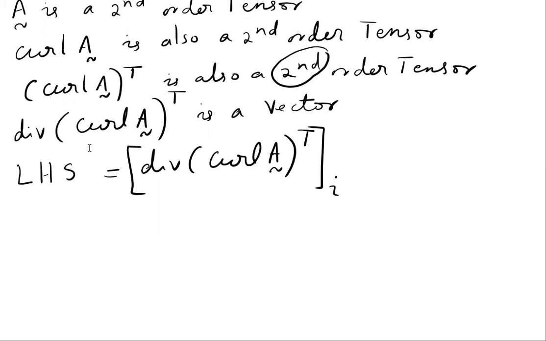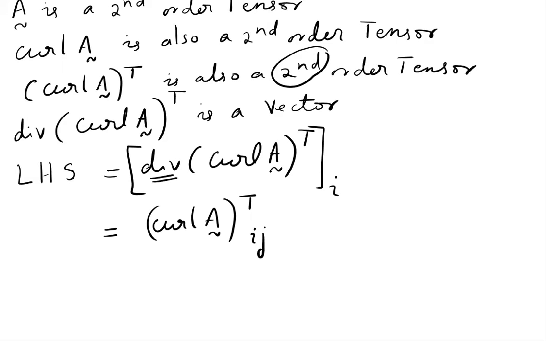So in the next step, we'll write what is curl A and we'll use divergence. Divergence means it is differentiation, right? So, that is equal to curl A whole transpose, which is a second order tensor, right? So, components are ij, two suffixes ij, right?